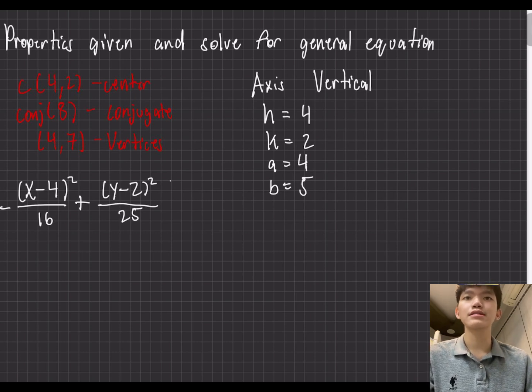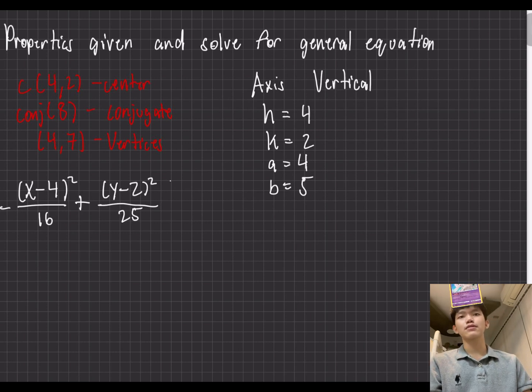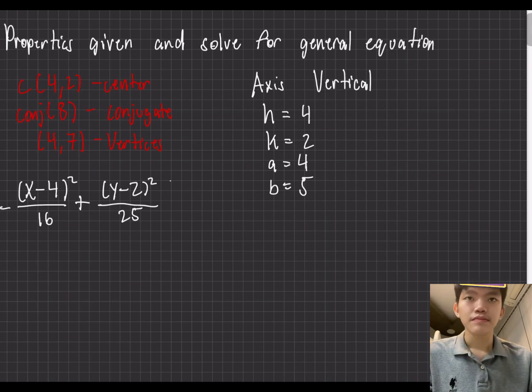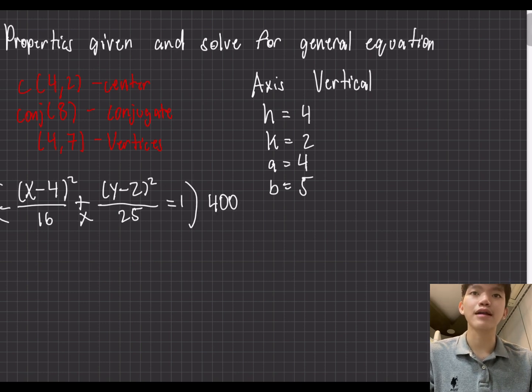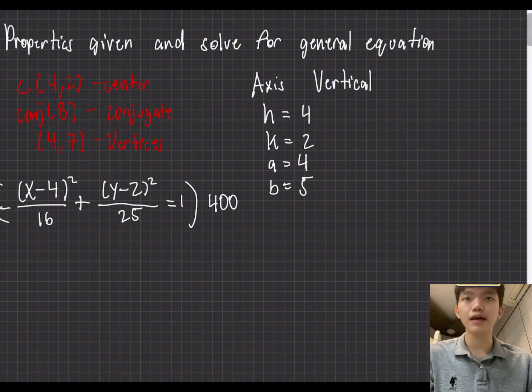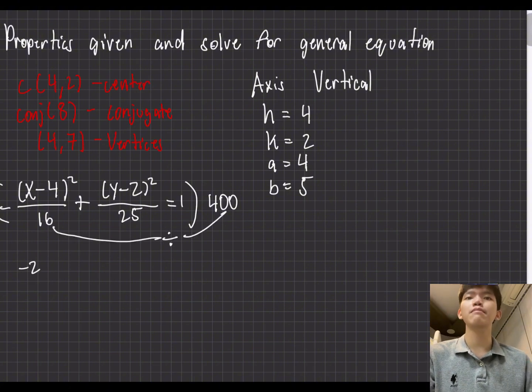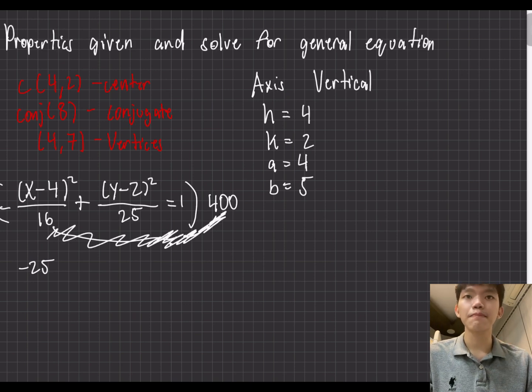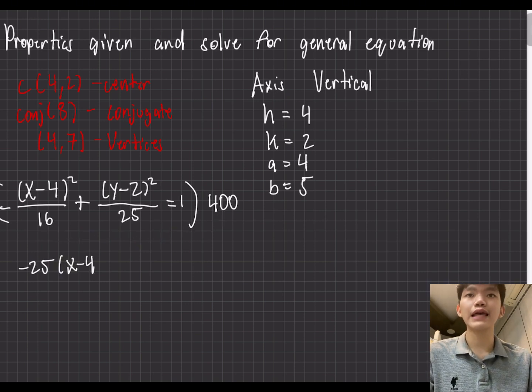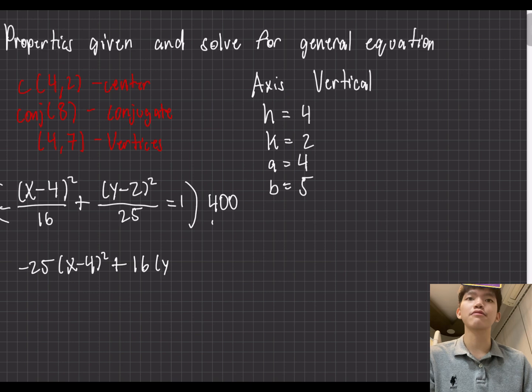So let's get the LCM of 16 and 25. We can't get it because they don't have an LCM. So let's just multiply it. So we will get 400. So 400 divided by 16, we will get 25, and bring down the quantity x minus 4 squared. And 400 divided by 25 is 16. Bring down the quantity y minus 2 squared is equals to 400.